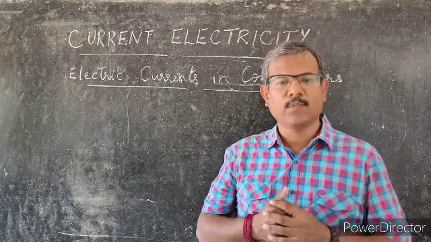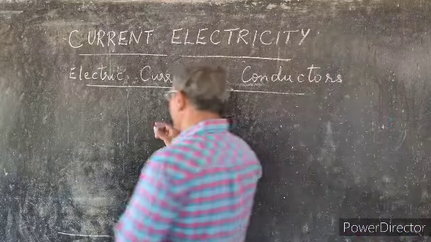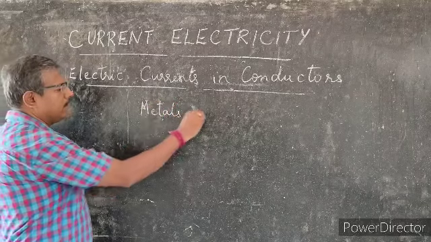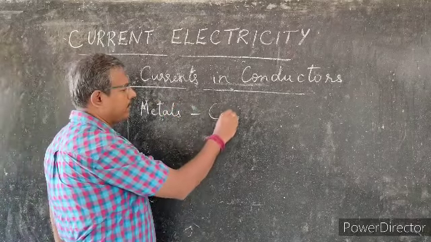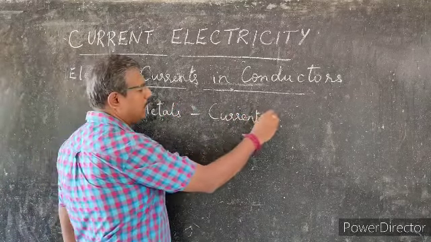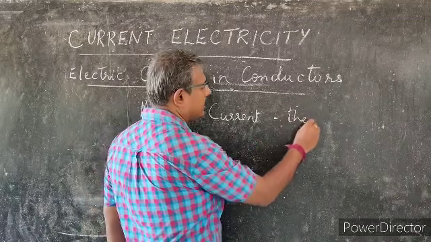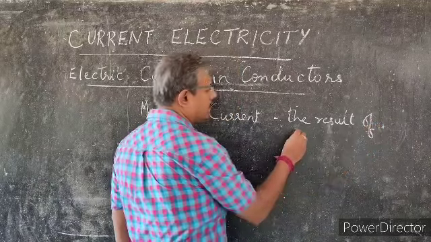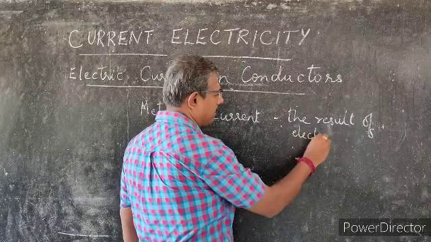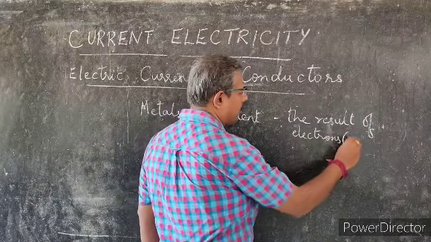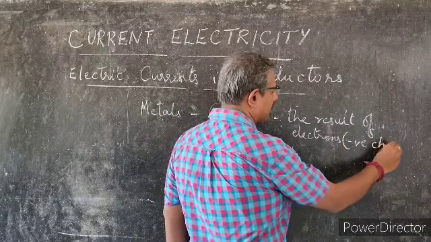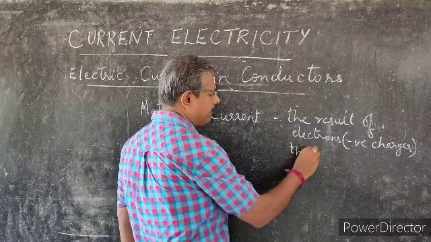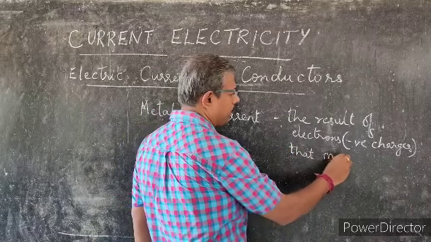So in that case, we define that in metals, a current is the result of electrons or negative charges that move.